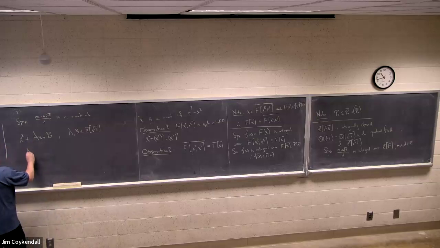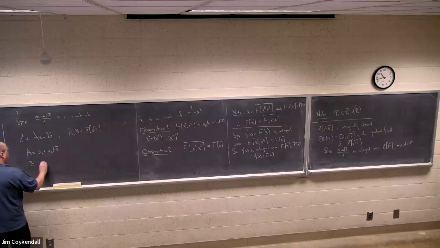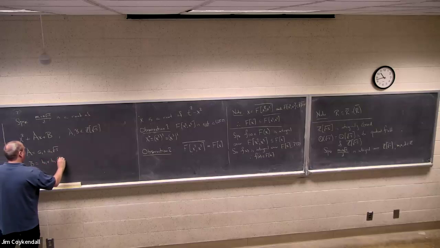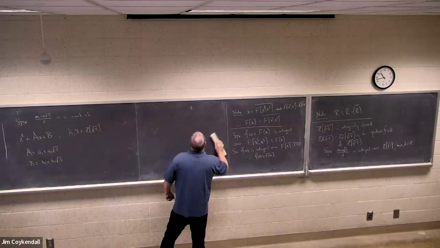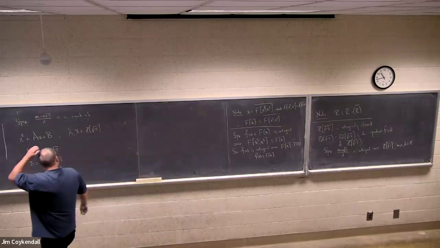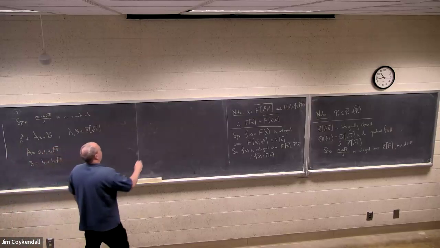Let's write A equals A1 plus A2 radical negative 5, B equals B1 plus B2 radical negative 5. Now, I guess my goal was to show that D must divide both M and N, right? That's what I would really like to show. I want to show this as a close, right? Well, so let's try this.